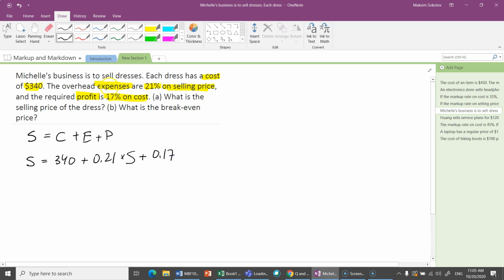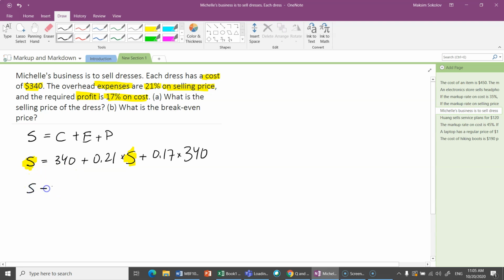And what is the cost? The cost is 340 times 340. Let's move the unknown to the left side of this equation. So what are the unknowns, by the way? So we have S. This is our unknown, and we will move it to the left side of the equation.